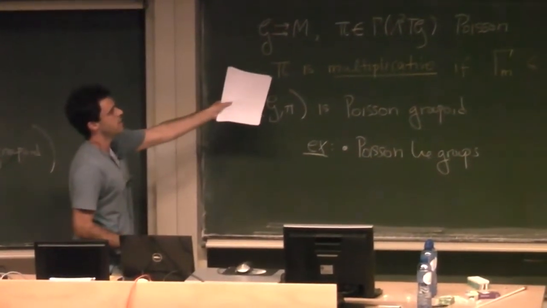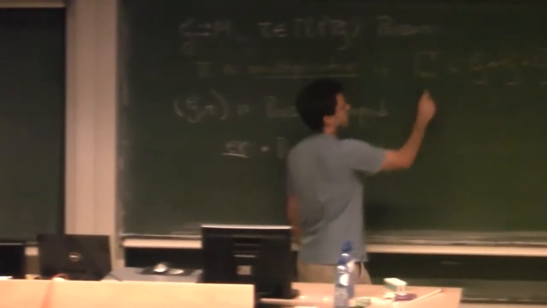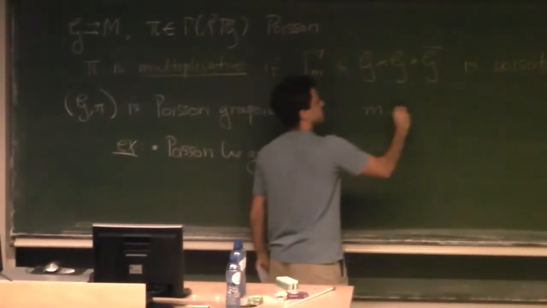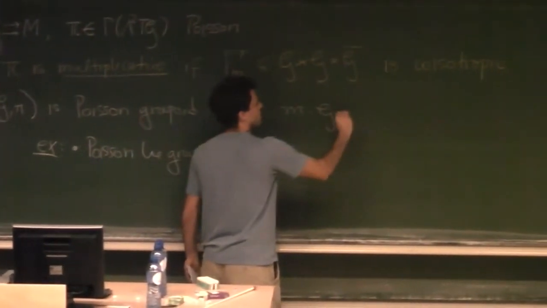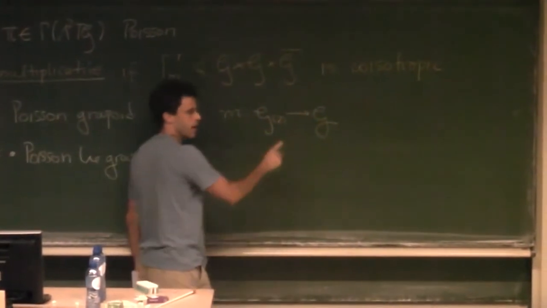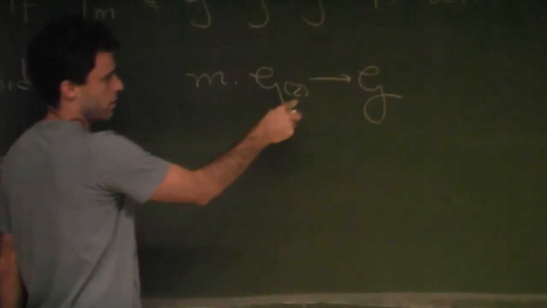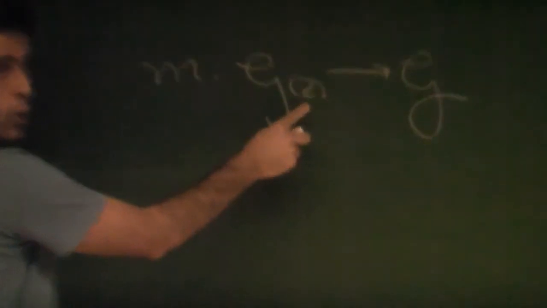Just notice again that here you would have the trouble of saying something about the multiplication as a map, just because, just like for symplectic groupoids, the multiplication is not defined on the product of G with itself, but just on the composable pairs. And the composable pairs don't have any geometrical structure in principle.